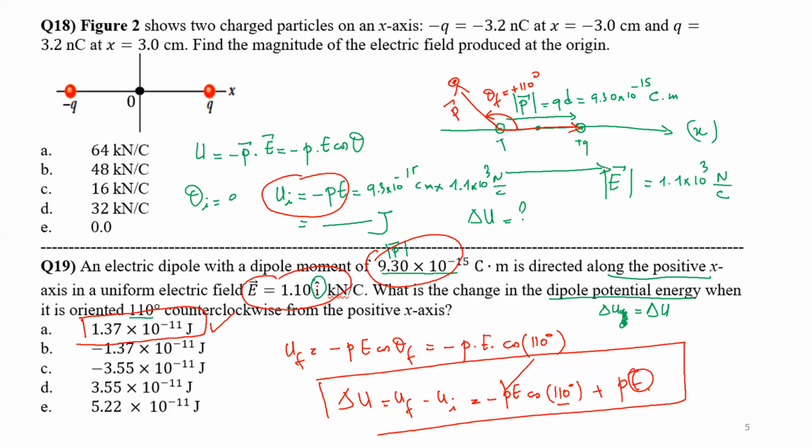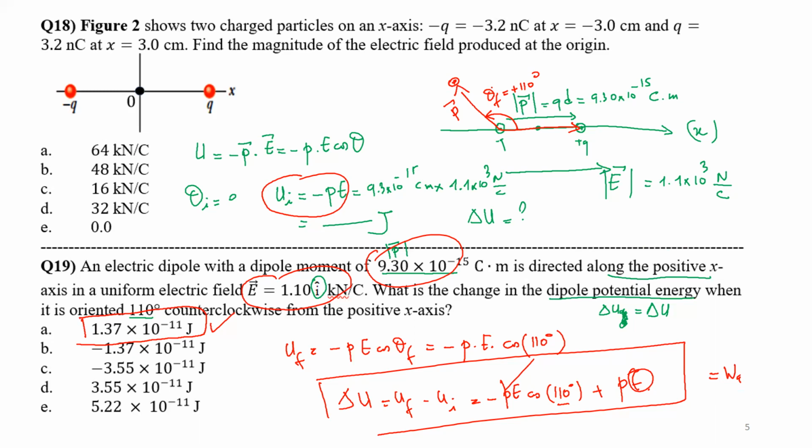The dipole moment wants to be aligned with the electric field. Now, if I want to make it rotate, I have to do an external work. Work applied is positive. Okay? That's why this delta U here is equal to work applied, and that's positive. Okay? The other way around will be negative.